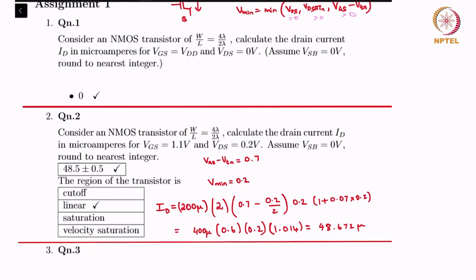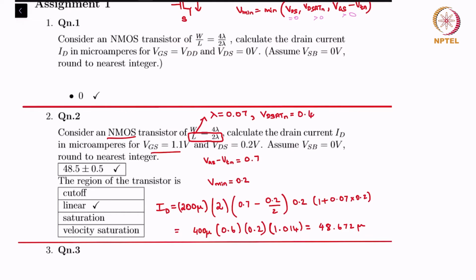So in the second question, we are given a length of 2 lambda, which means that it's a short channel transistor, which means lambda n is 0.07, since I've already said it's an NMOS transistor, and VDSAT n is 0.4. So short channel effects do apply.